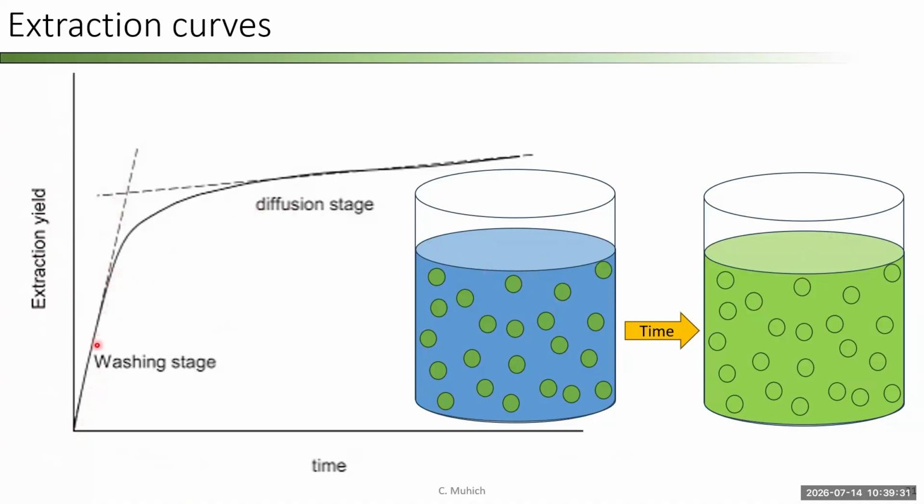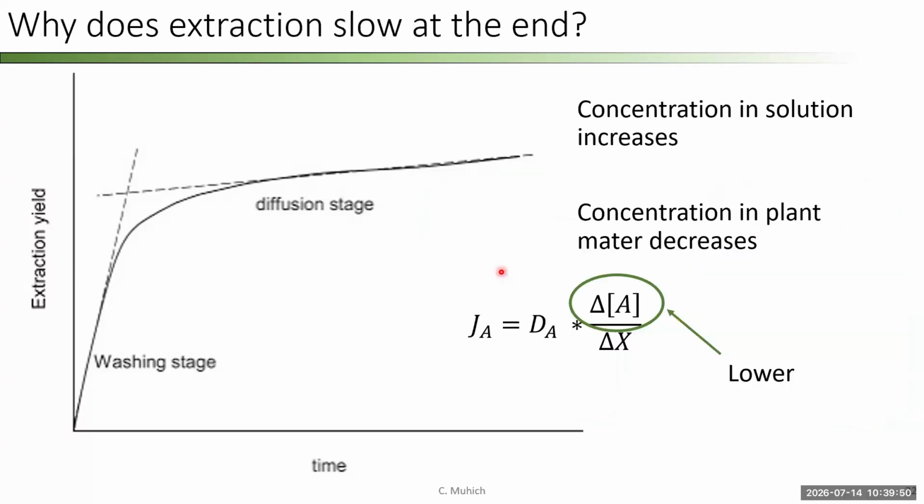Initially, we have what's called the washing stage. So this is a rapid removal of molecules which are maybe sitting on the surface. And then I'm left with the diffusion stage, where those materials must diffuse out.